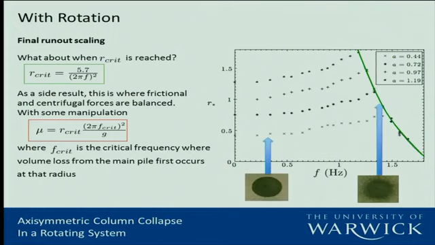And this critical radius can be defined by a relation given there. As a side result, this must be occurring when the frictional forces between the granular material and the table itself are equal. And so by some quick mathematical manipulation, you can actually determine the frictional coefficient between the table and the granular material, as given there.